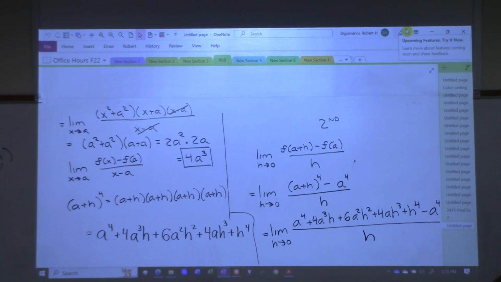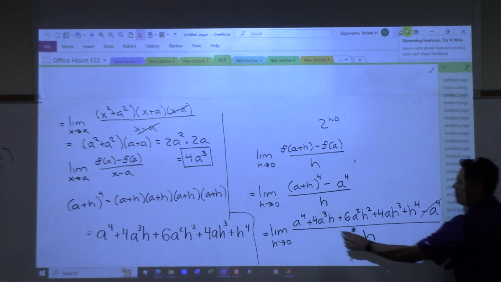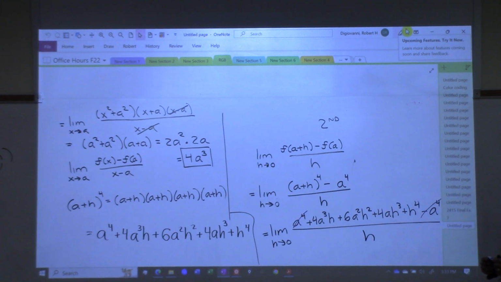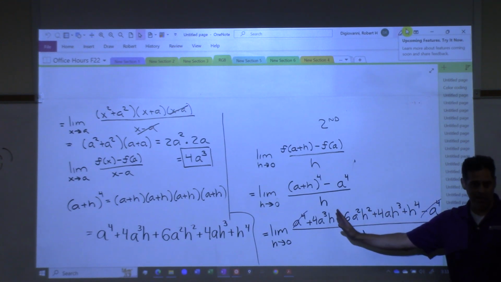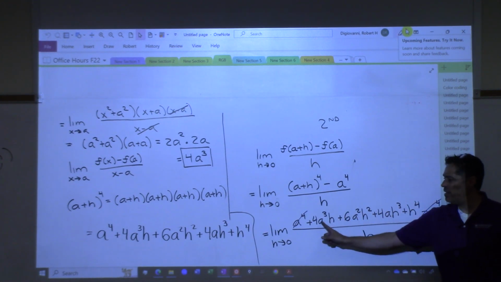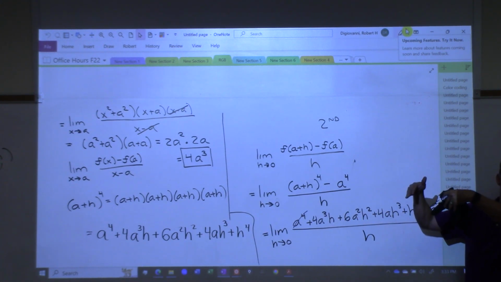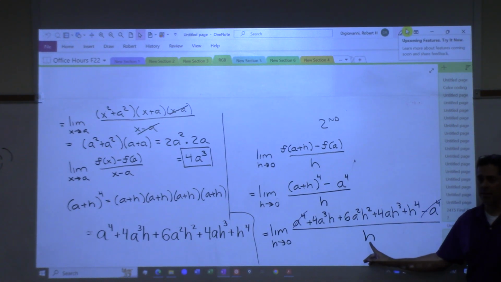Those two go away. It doesn't seem like much happened there, right? But what do all of these have in common? An h. Every one of these terms still has an h, so you can pull out the GCF and cancel the h down here.